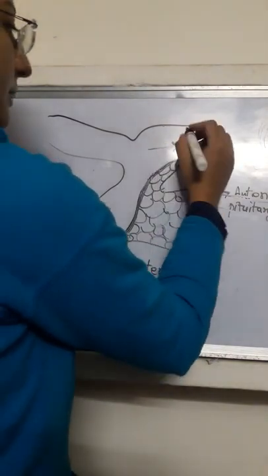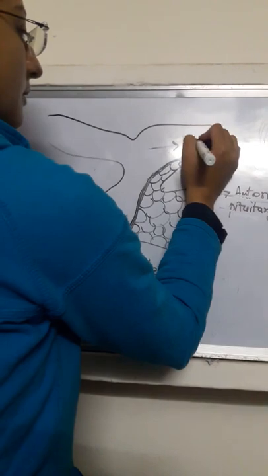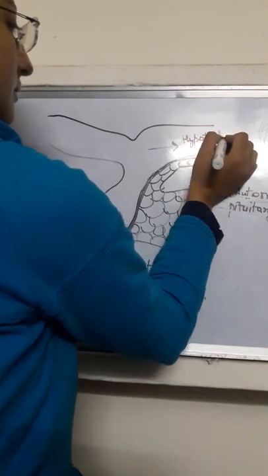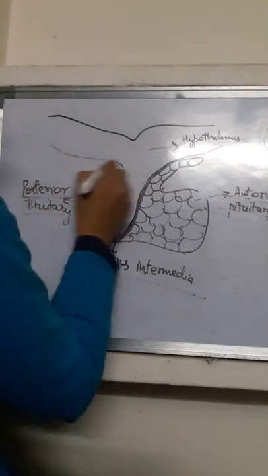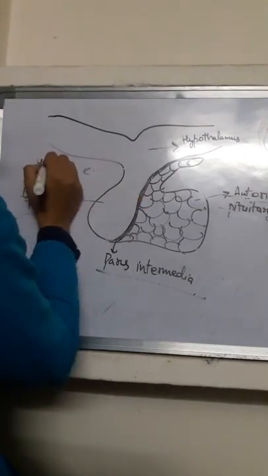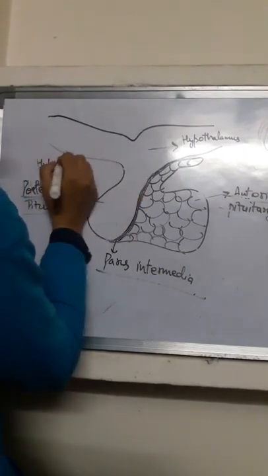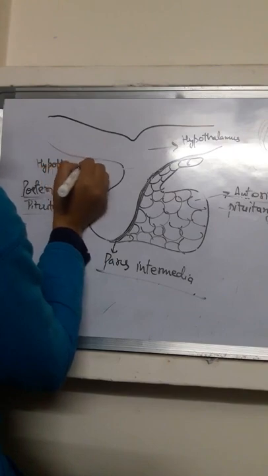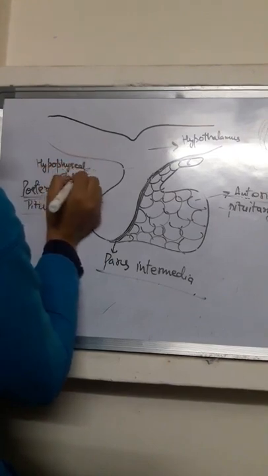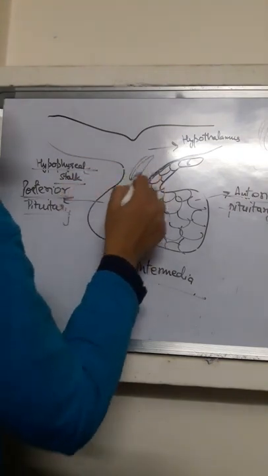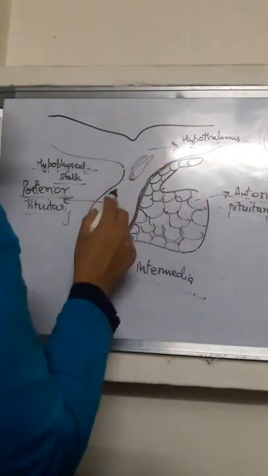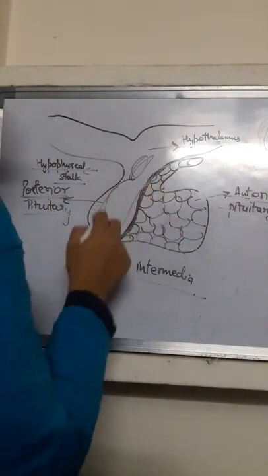This is the hypothalamus, and this is the hypophyseal stalk. Hypophyseal stalk means the portion connecting the hypothalamus and the pituitary gland.